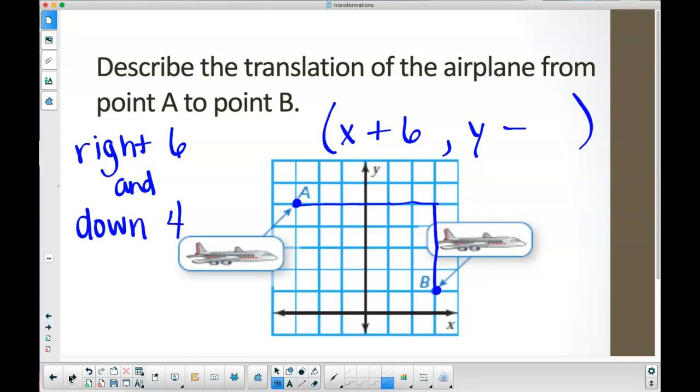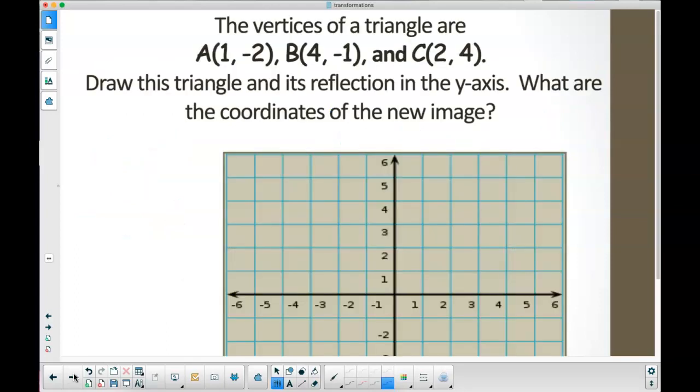Y minus 4. So this would describe the translation in math terms. Here we wrote it out, right 6 and down 4. Here we said, you just do your X coordinate plus 6, your Y coordinate minus 4. Means the same thing. Okay? All right, the last piece of this is reflections.